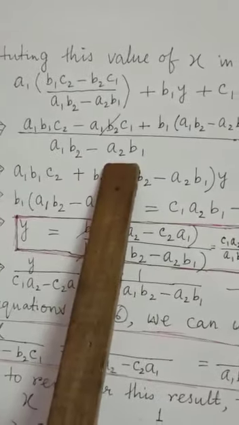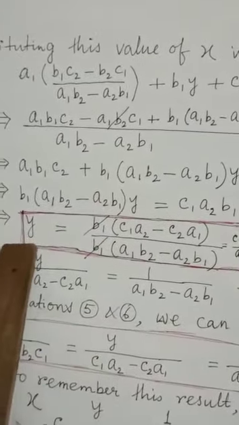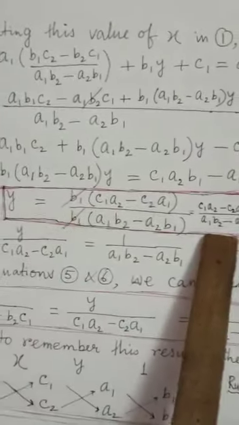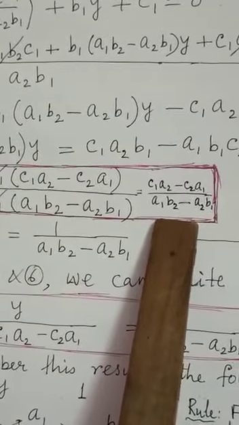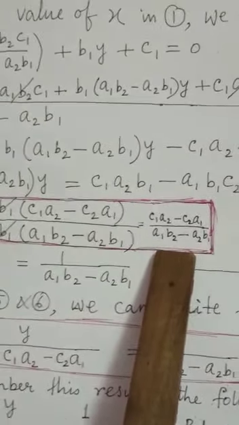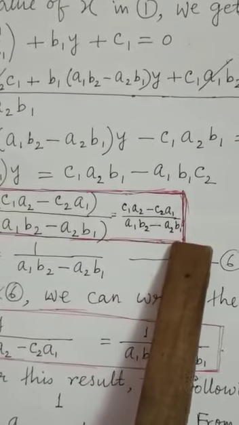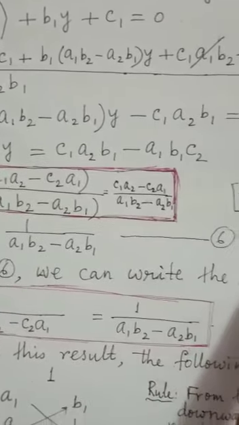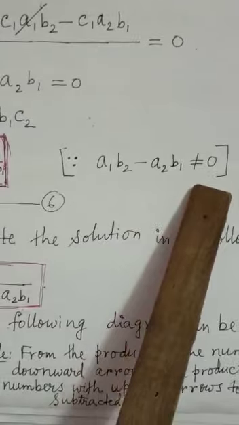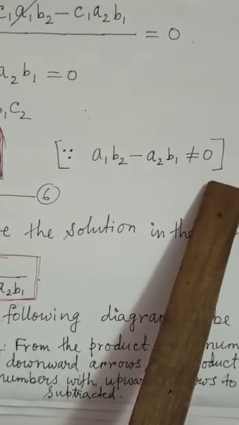After taking LCM and solving, finally we get y is equal to c1 a2 minus c2 a1 upon a1 b2 minus a2 b1, since a1 b2 minus a2 b1 is not equal to 0.